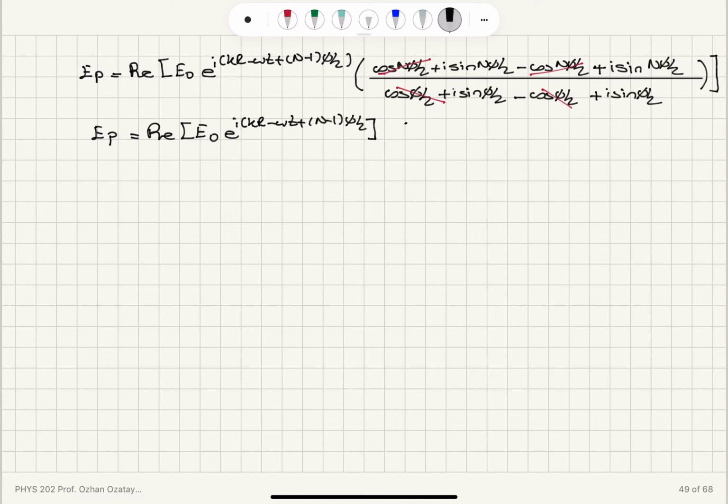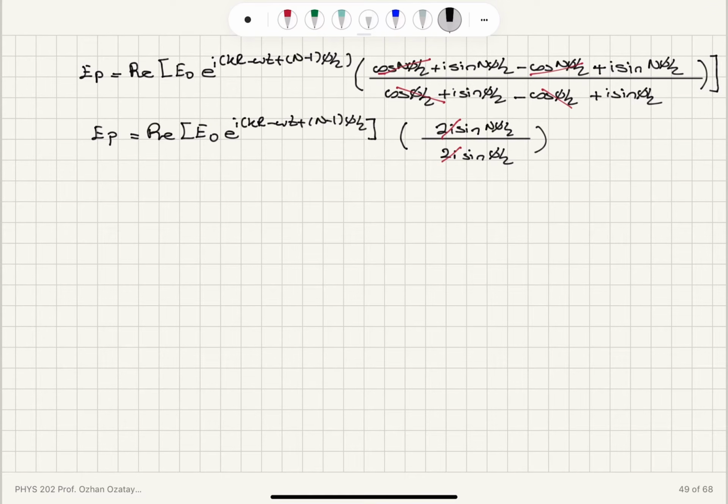So on top, I'm left with 2i sine N phi over 2, and the bottom is 2i sine phi over 2. Two i's will cancel, you will notice.